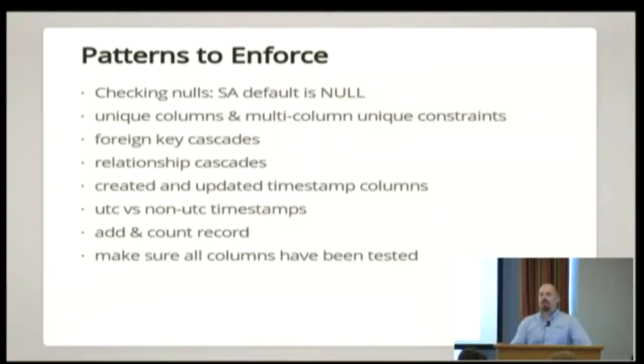So there are some default cascades. There are some defaults for the relationship objects. There are some defaults for the foreign key. In almost all cases, whenever we have a relationship, we have a database foreign key. And in that case, I don't want SQLAlchemy to issue deletes for every item in that collection.